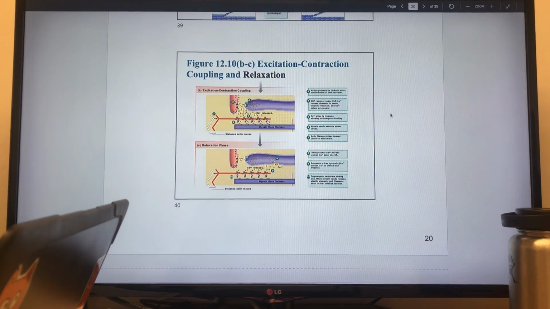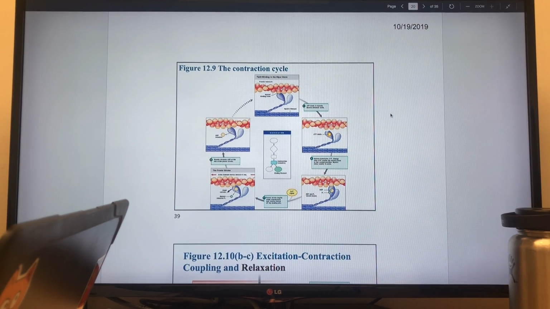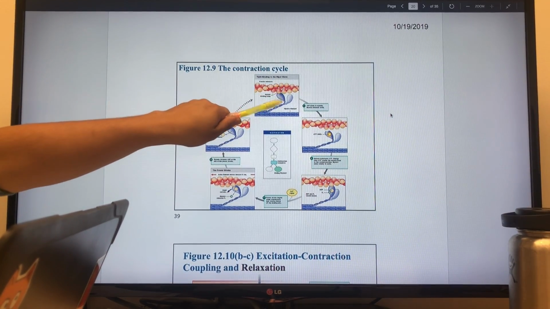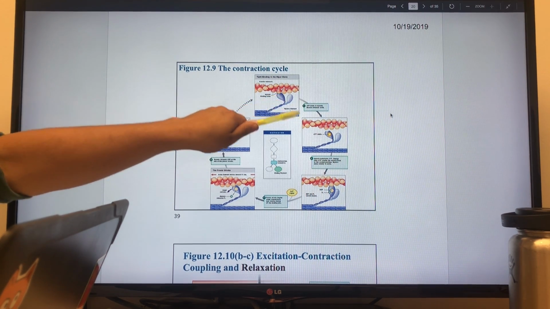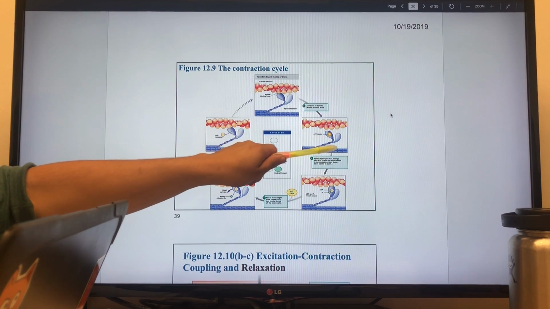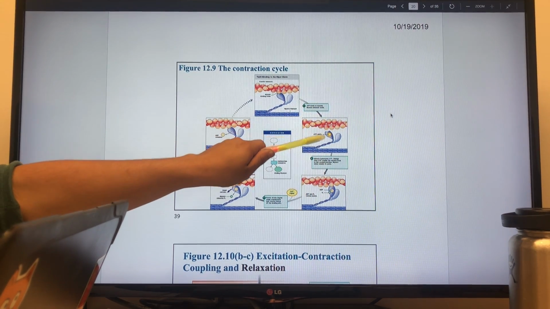Wait, so doesn't ATP technically have a 3-part thing to it? Because ATP unbinds it from the actin, it brings it back to the cocked position, and then it also weakly binds it back to the actin. What happens is right here you have ADP. You have ATP come in and it causes the hydrolysis, breaks the bond, and everything relaxes and goes back to its starting position.